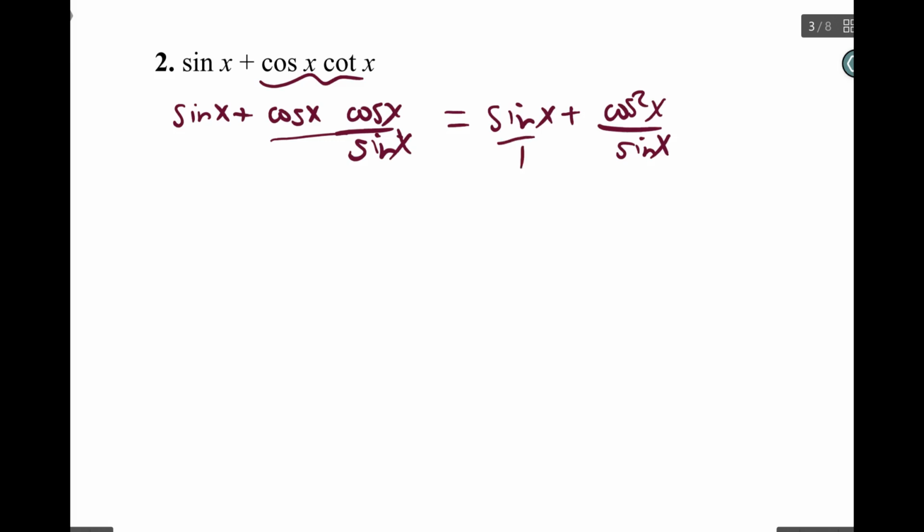So I want to have common denominators so I can actually add these together. So I'll multiply by sine of x over sine of x. That way we have sine x on the bottom. So sine x times sine x is sine squared x over sine x plus cosine squared x over sine x.